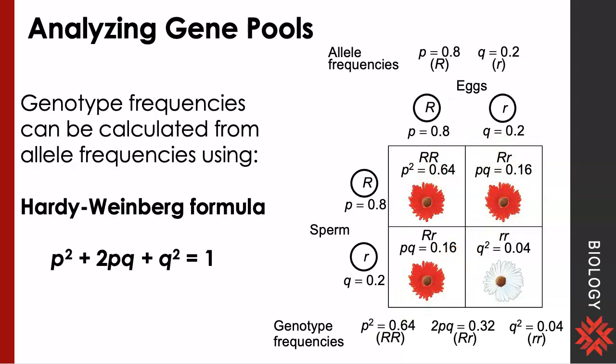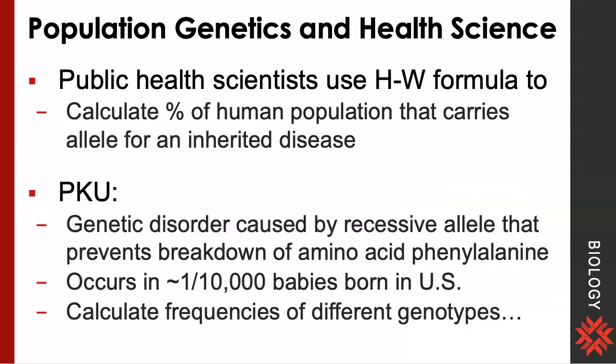Let's complete an example of that. So with this example here, we've got PKU, phenylketonuria, which is an autosomal recessive disease, meaning that the disorder is carried on the recessive allele. And this occurs in about 1 in every 10,000 babies born in the US. 1 in every 10,000 babies have this disease.